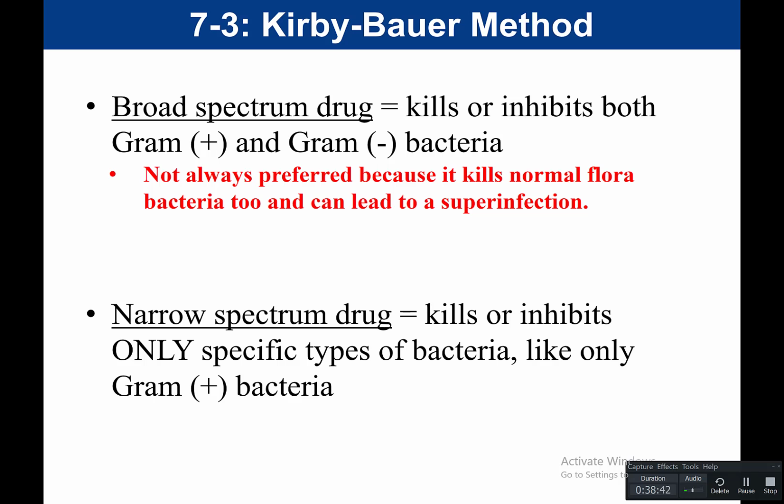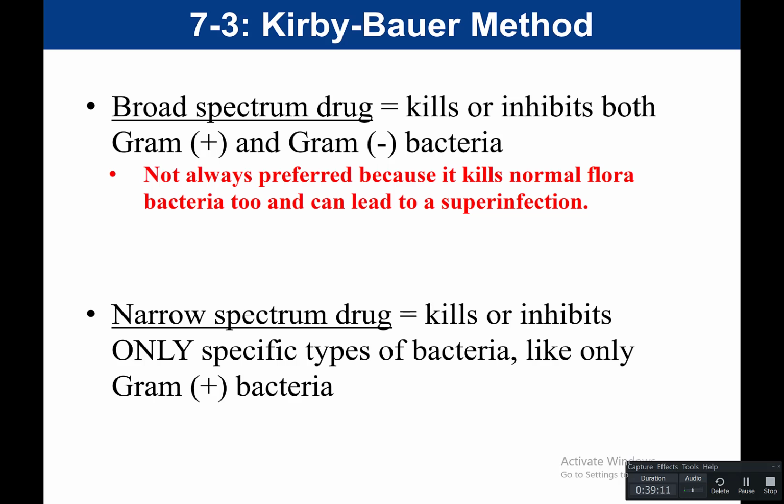So in the case of a yeast infection, when a female takes a broad spectrum drug, she loses a lot of the bacteria that are part of her normal flora in the vagina. As a result, the yeast that's always there, but is kept in check by the bacteria, when that bacteria is now gone, the yeast has a little party and says, woohoo, food, space, and the yeast starts to grow, and that leads to a yeast infection.